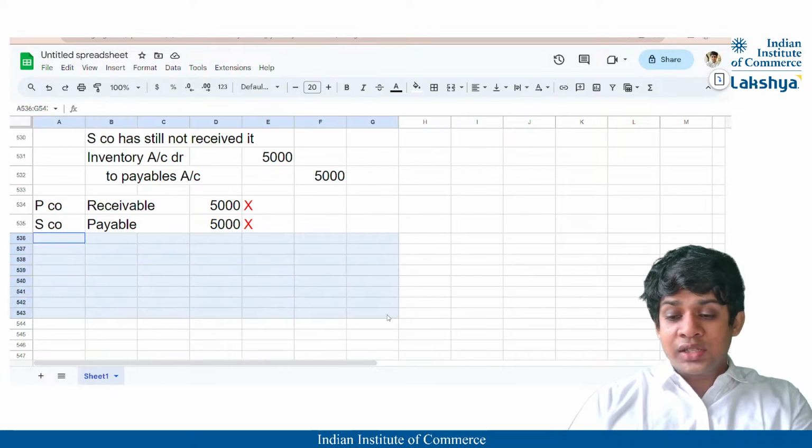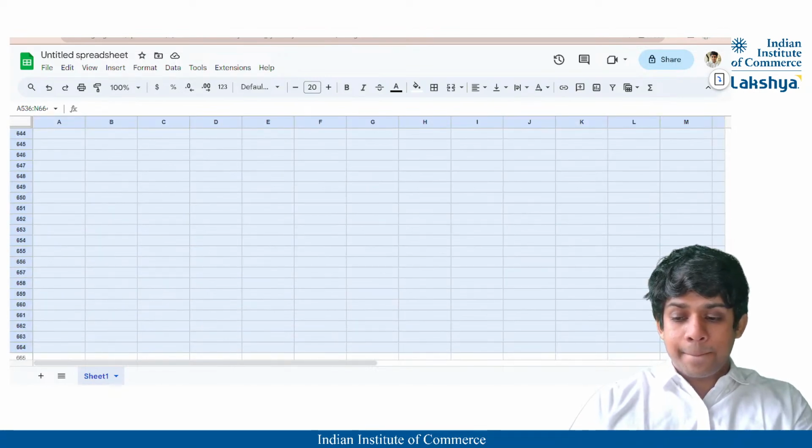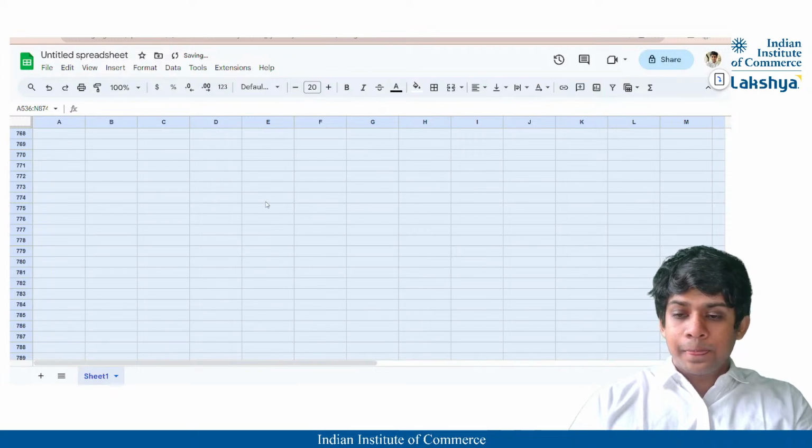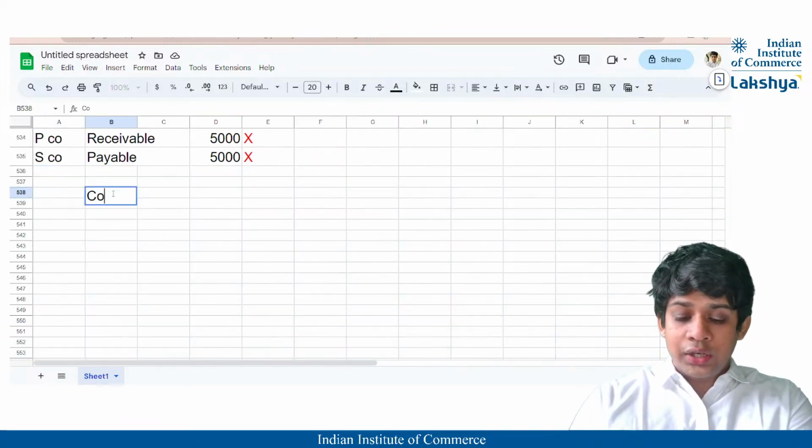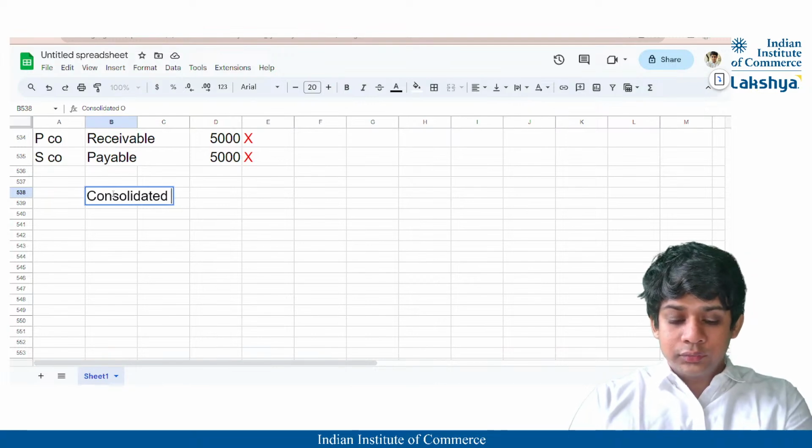We are also going to have our consolidated P&L, correct?